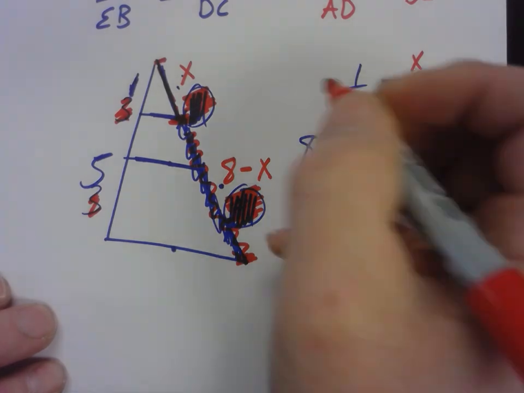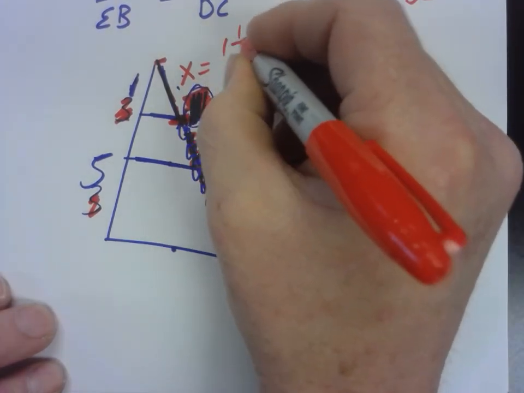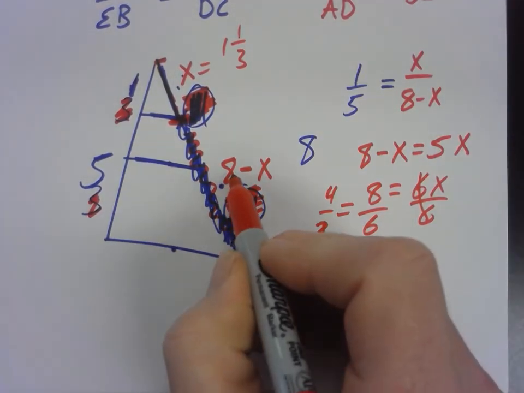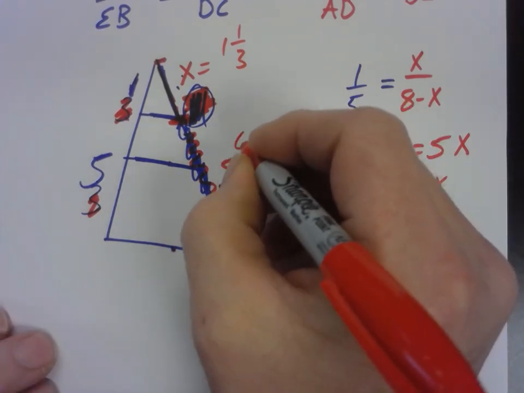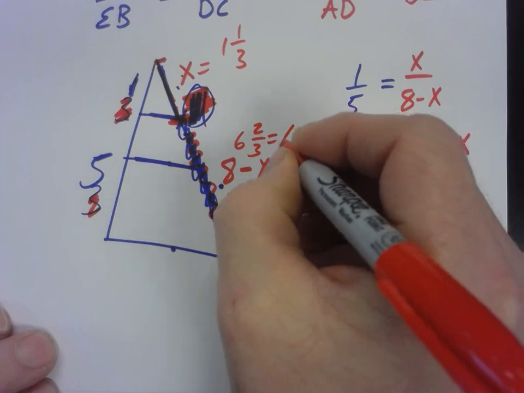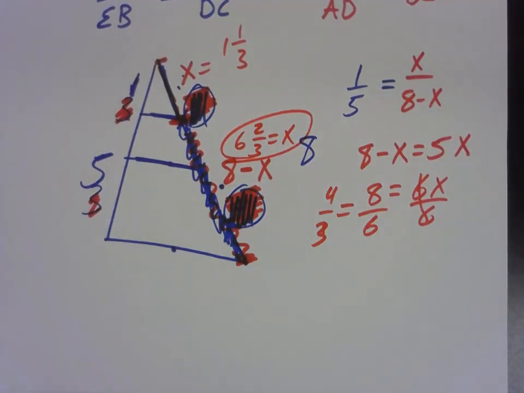So that's 1 1/3. Take that away from 8, that'd be 6 2/3. Right there. Okay? We'll talk more about that as we go along.